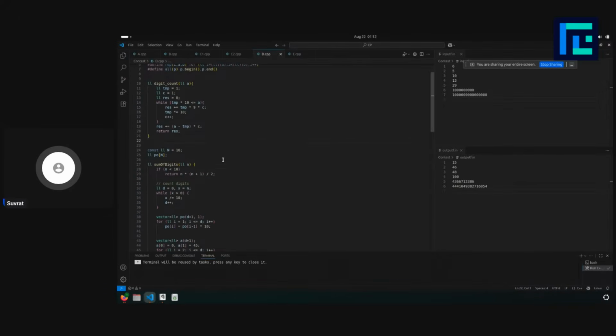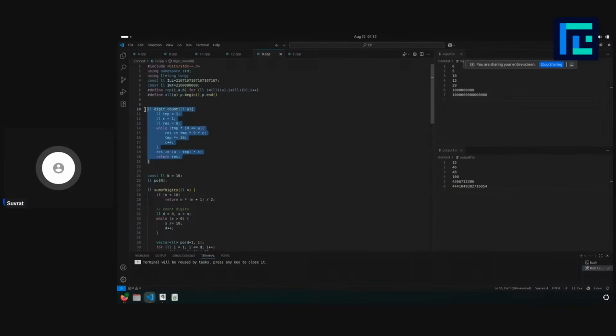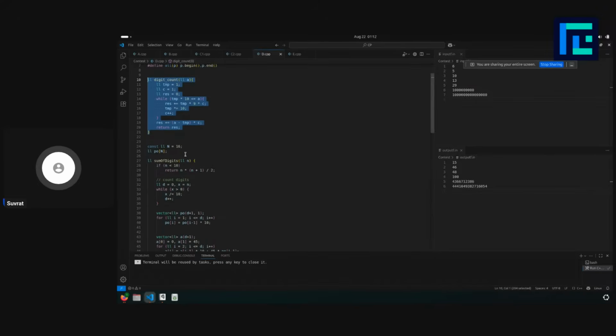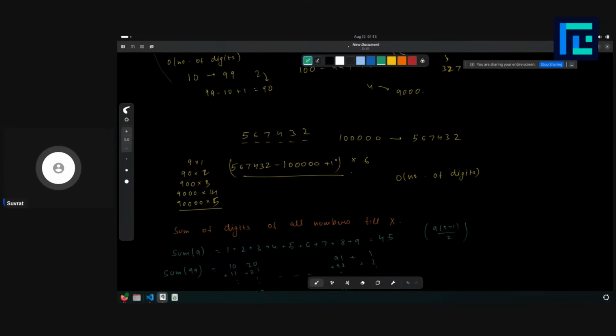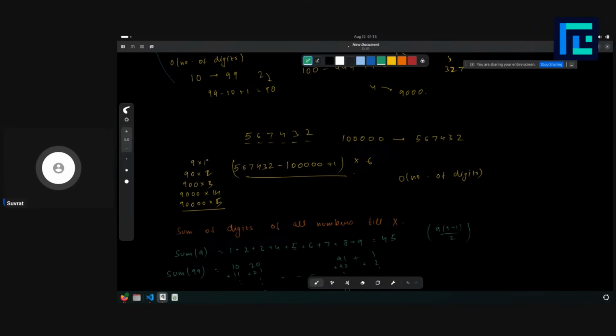So first of all is this digit count function. Digit count function is basically nothing but a function that calculates the total number of digits till a certain number comes in the sequence. So what we did was, if the number was 6 digits, then from 1 to 5 we just basically multiplied this, and then for the 6th digit we did this.